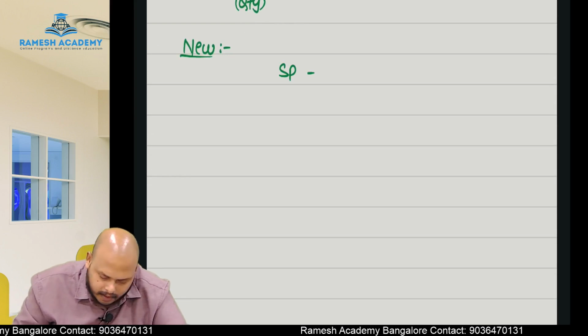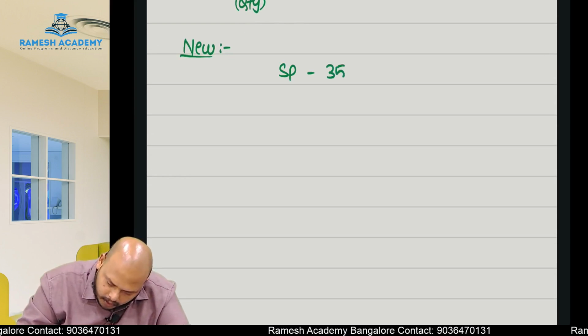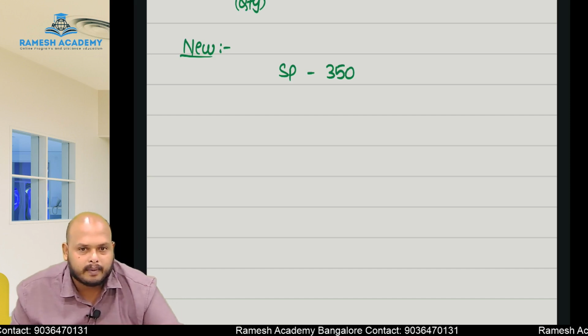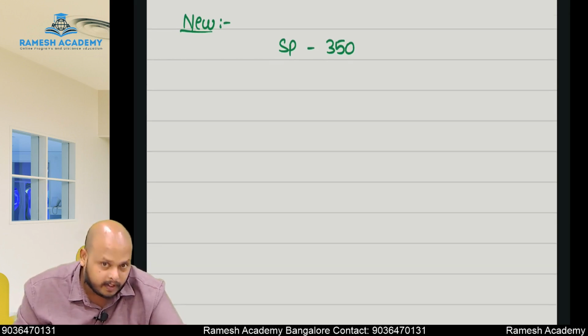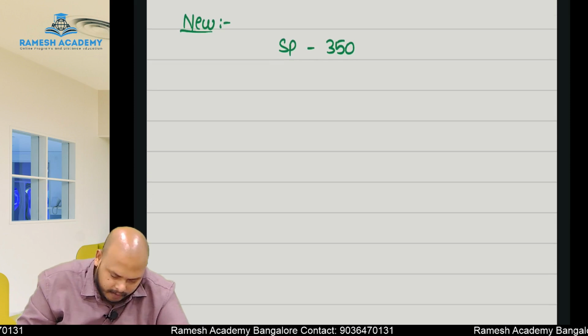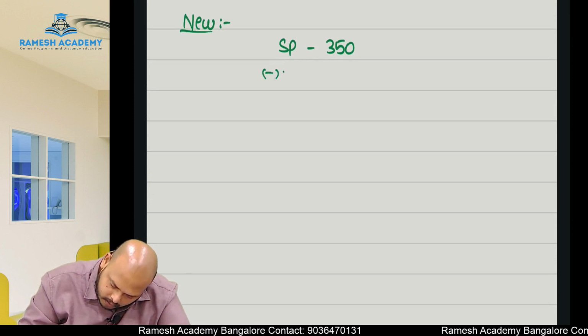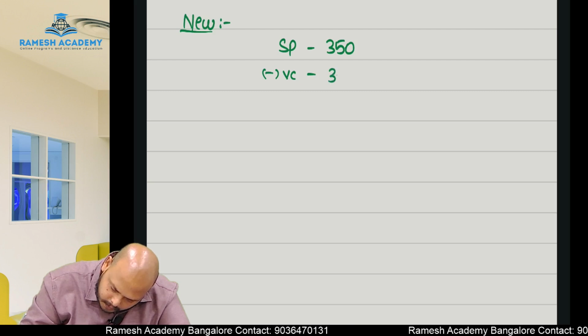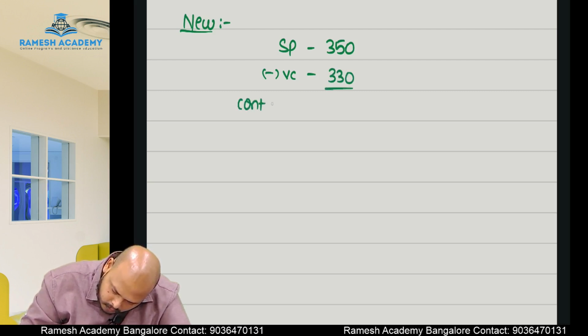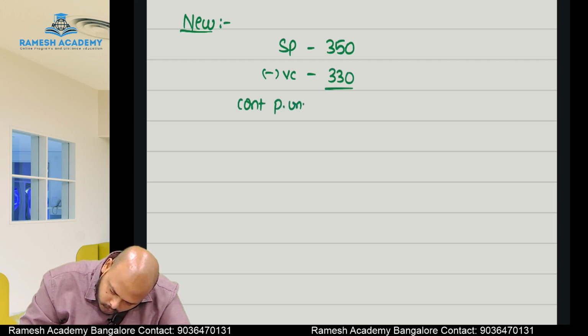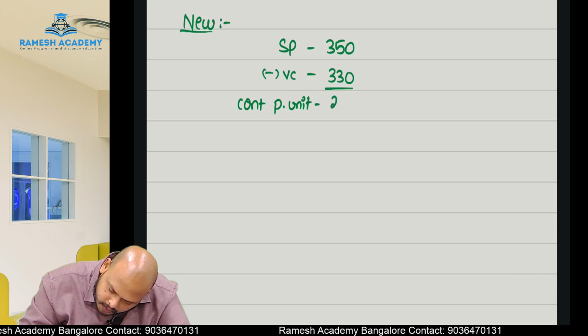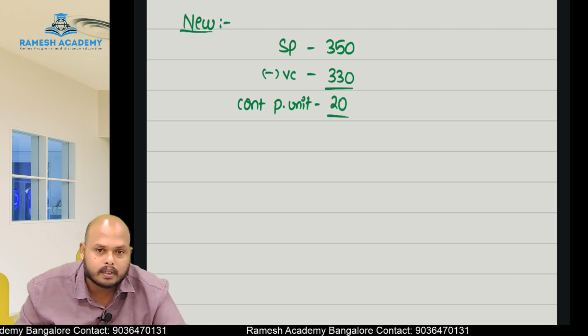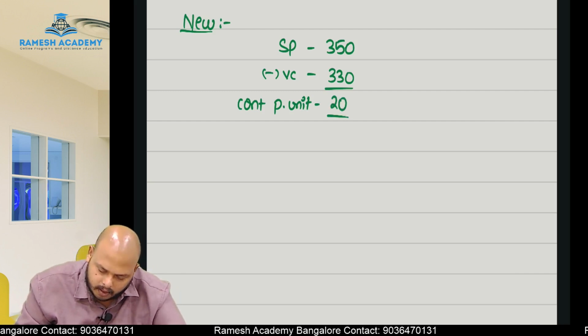Selling price he said he is going to launch at rupees 350. So selling price is increased to how much? 350 rupees per unit. And what is the variable cost he gave in the last? 330 per unit. That is, contribution per unit is equals to 20 rupees. How much is the contribution per unit? 20 rupees.